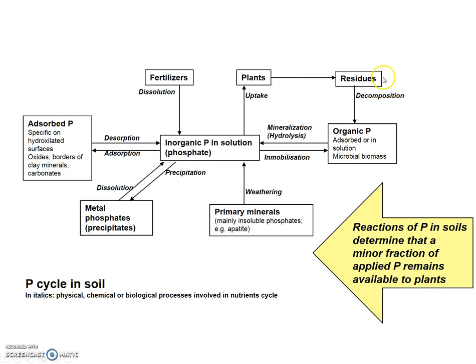Plants, by decomposition, will produce organic phosphorus, and organic phosphorus may be converted to inorganic by mineralization, or may be increased by immobilization by the microbiota in the soil.